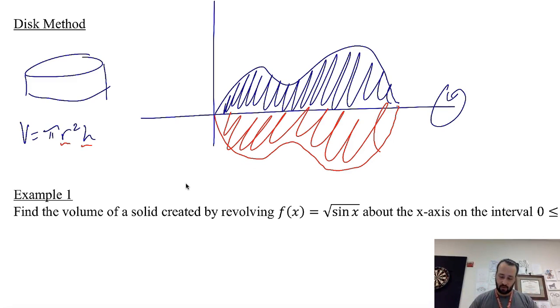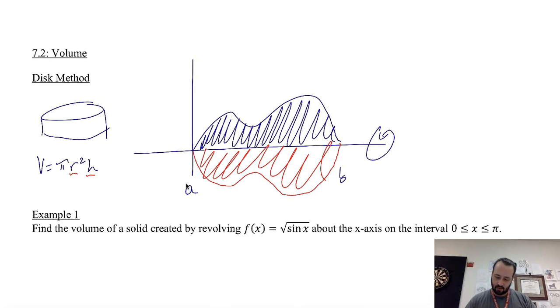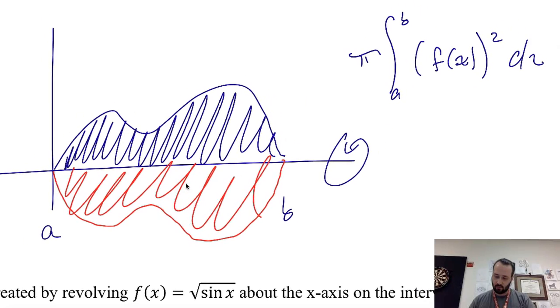So if I were to say that this is going from a to b, the volume of this solid would be pi, integral from a to b, of my radius squared, which would be whatever my function is squared, times the height, and the height is my integral. That would be the volume of this region. So that is essentially your disk method in a nutshell. And again, if you don't understand the radius, it's just like we were doing on the cross sections.